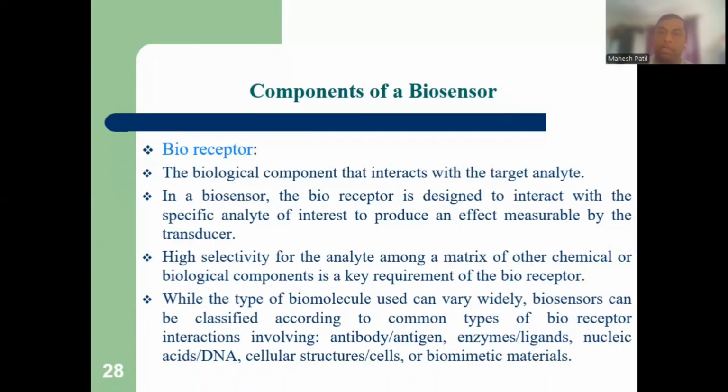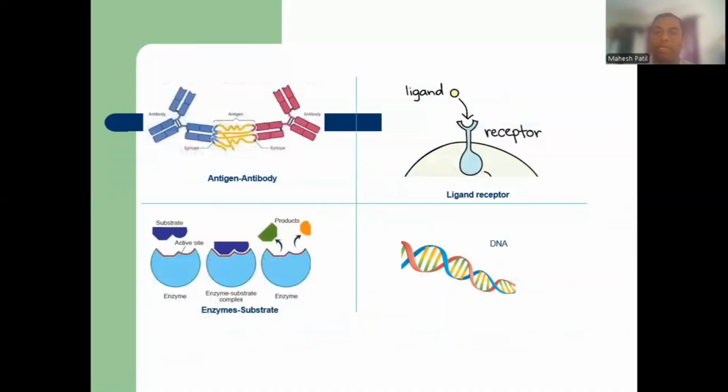So we can see this combination here: antigen-antibody, ligand-receptor, DNA, cell, enzyme-substrate. These are a few types of bioreceptors present in biosensors, where the analyte interacts with the bioreceptor and a reaction happens.